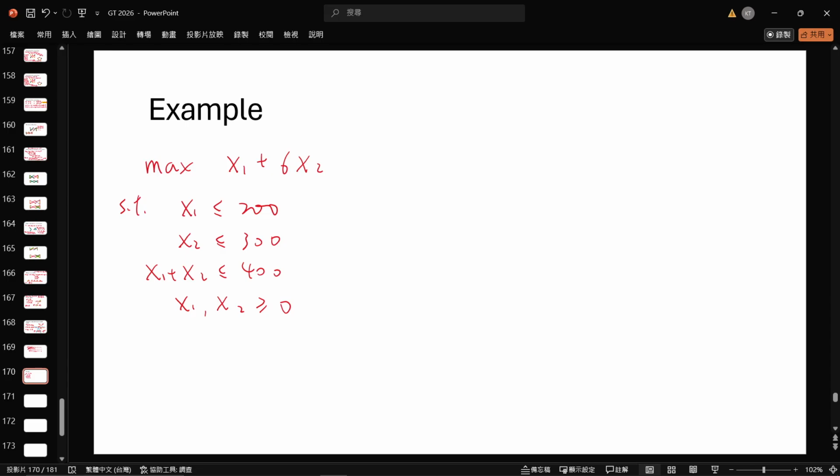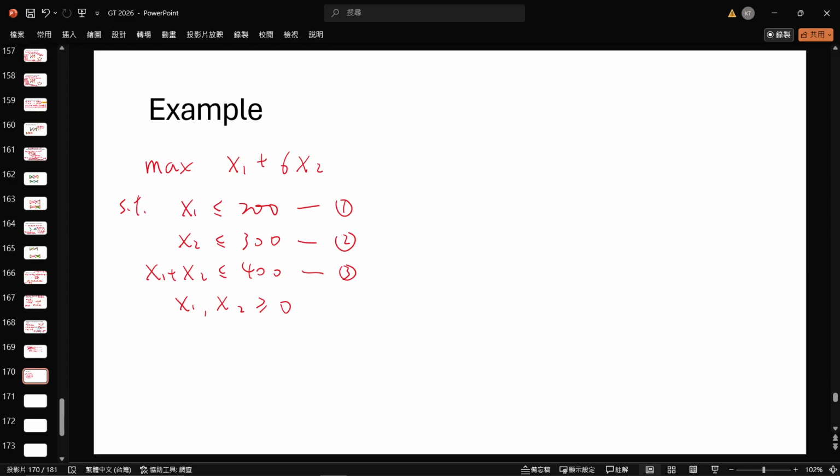Okay, so given this problem, let's try a few possible solutions and see whether these solutions give you the best answers. So here we have three constraints.